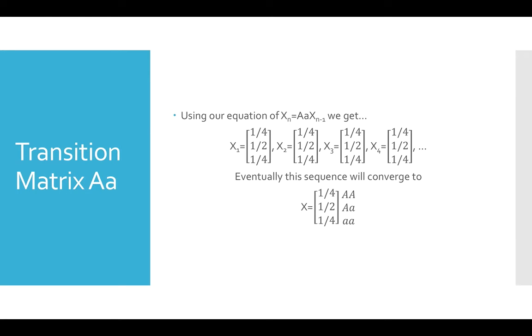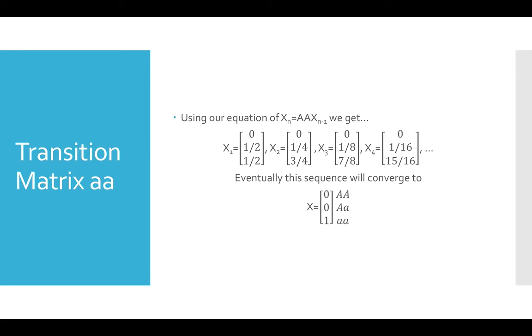Looking at the transition matrix of a dominant allele and a recessive allele, eventually it will converge to 1/4 of two dominant alleles, half of a dominant allele and a recessive allele, and then 1/4 of two recessive alleles. The last transition matrix, of the two recessive alleles, will eventually converge to 0, 0, 1. So if you were to continue, they'll eventually all have blue eyes.